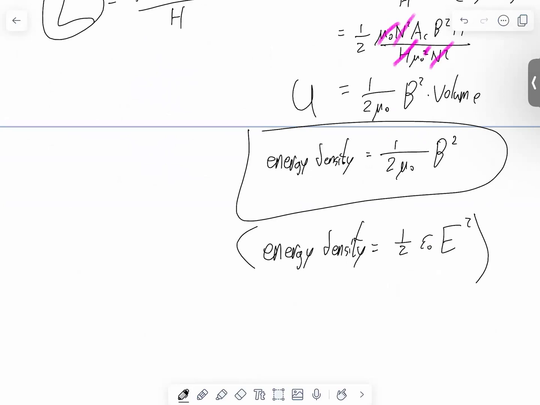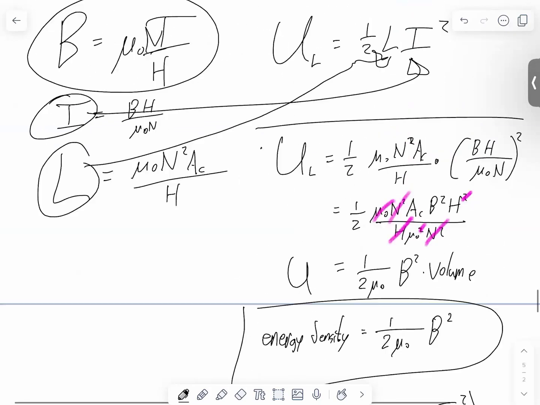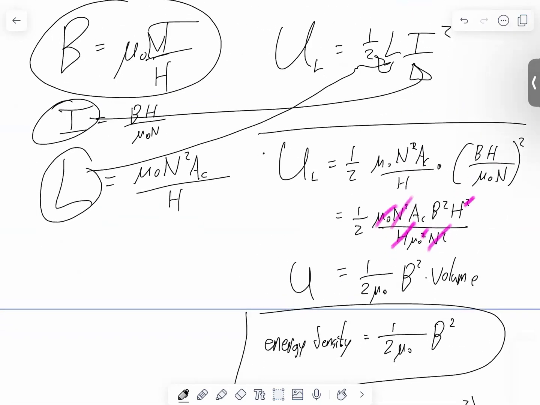This formula ends up being super important. We can deduce that light carries a certain amount of energy. I don't think we'll get that far in a minute. Is this only for a solenoid though? No, this is everything. We deduced it for a solenoid, but actually you apply this to any magnetic field anywhere. Yeah, write that down.